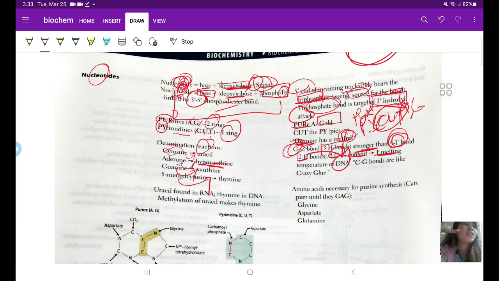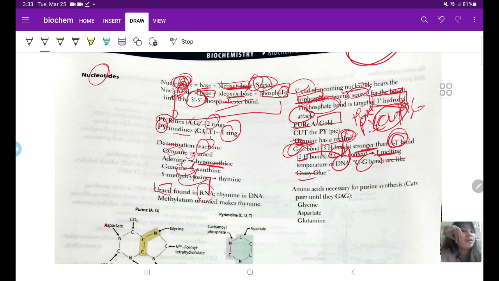Only at 120 degrees Celsius will the GC bond melt. That's not the exact amount, just an example to show what increased melting temperature of DNA means. There's a mnemonic here: CG bonds are like crazy glue.